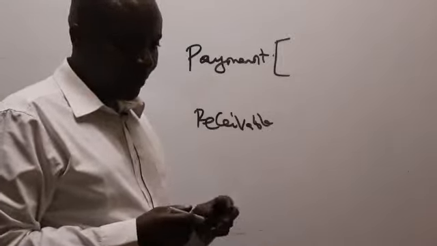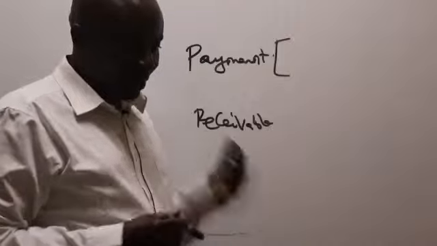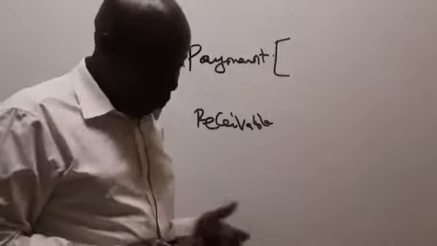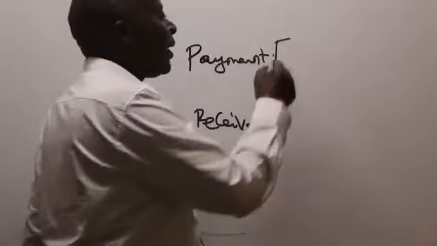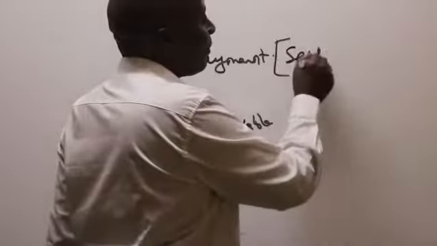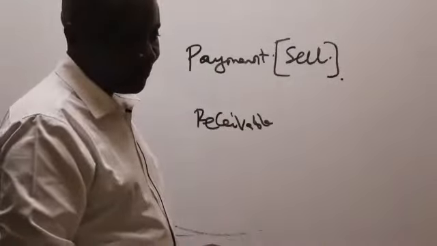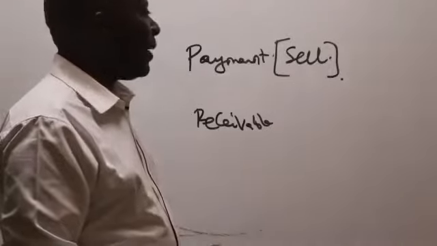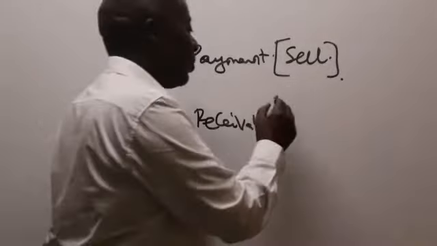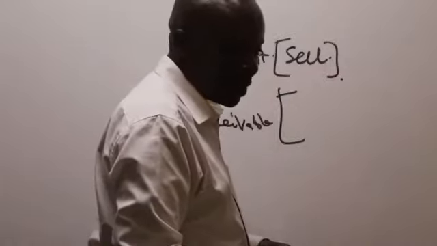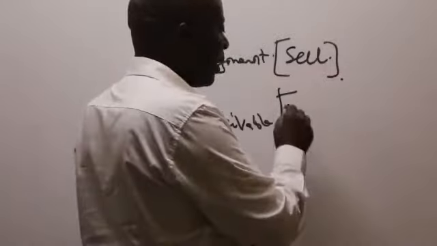It's very easy. Normally, even from the bank's perspective, payment is sale. Receivable, in this case, is what here, somebody? Receivable is buy.